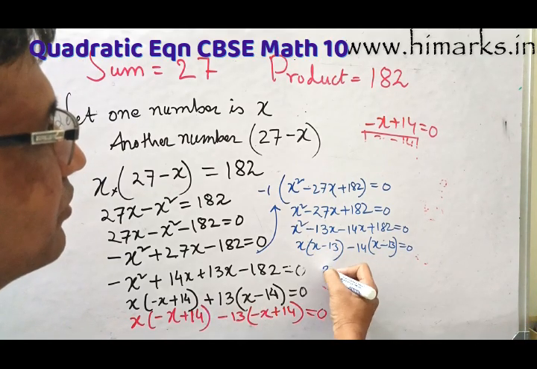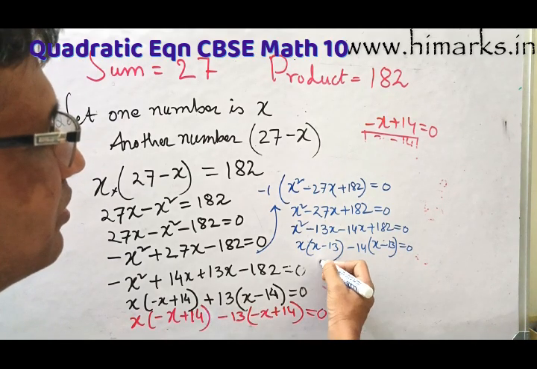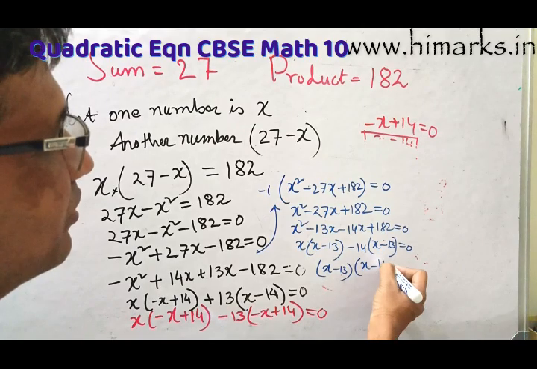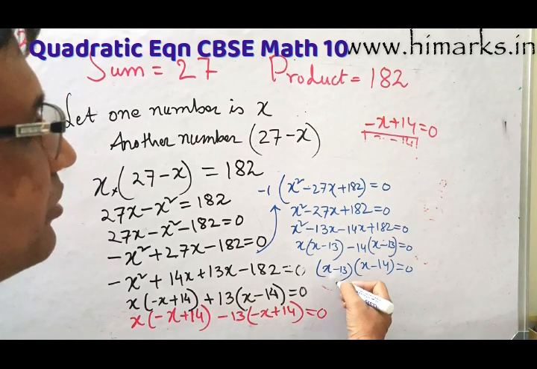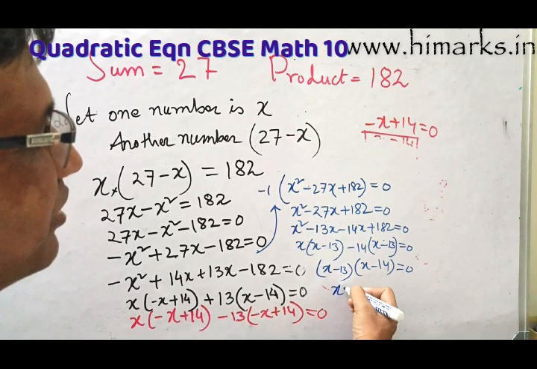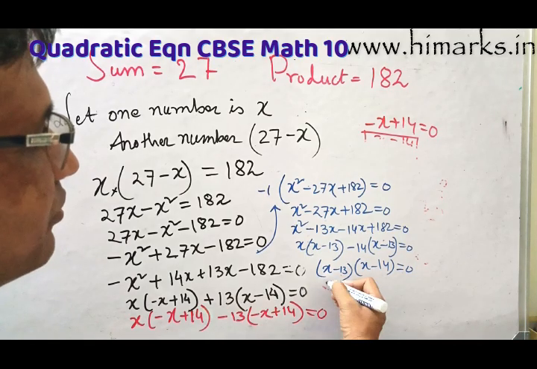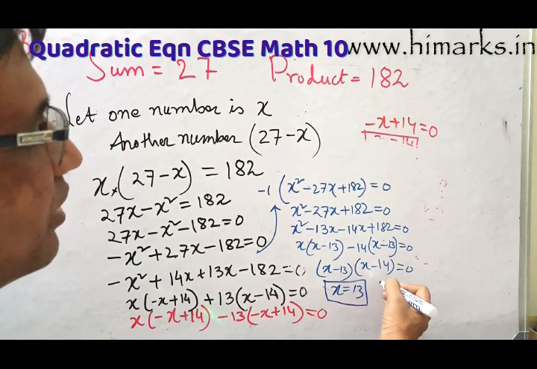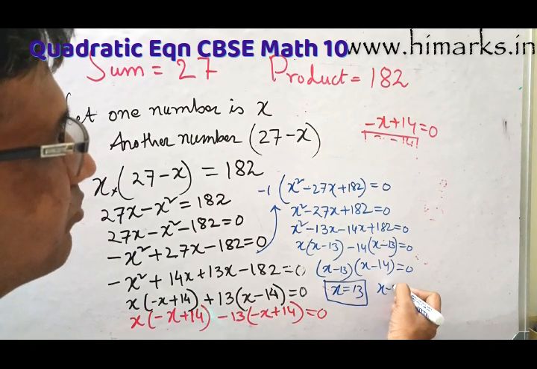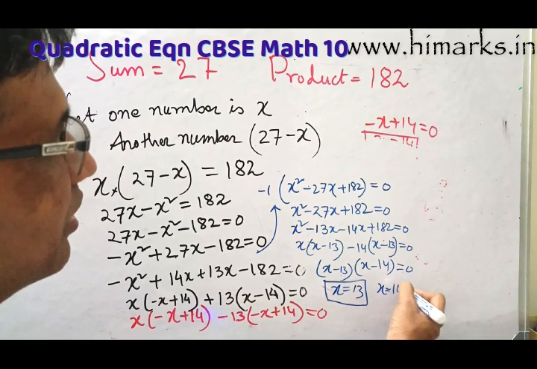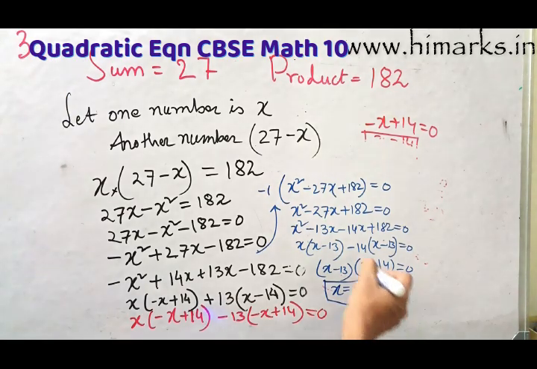So x minus 13 into x minus 14. See, it becomes little easier. So x minus 13 equal to 0 means x equal to 13 is one solution, and x minus 14 equal to 0 means x equal to 14 is another solution. Hope you have understood.